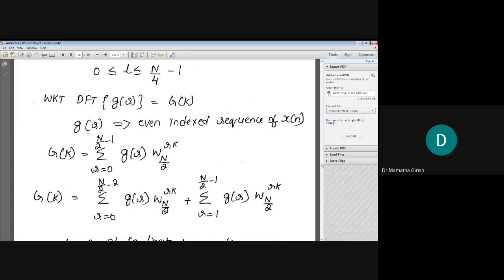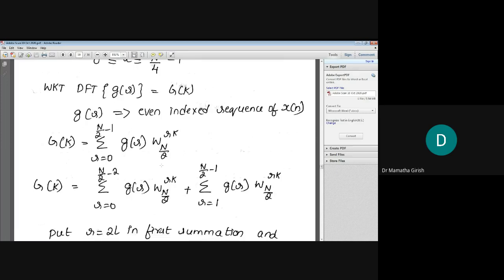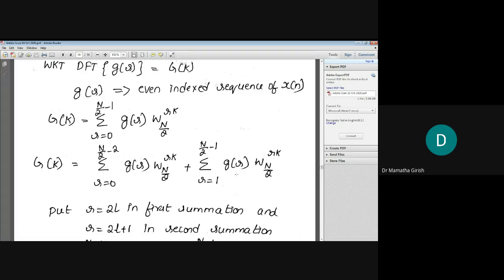The summation index r varying from 0 to n by 2 minus 1, of the sequence g of r multiplied by its twiddle factor, and note this is an n by 2 point DFT, hence here it is n by 2. Again, this is split up into two terms. One for even indexing, the first one. The second one is for the odd indexing, like how we did in the first step here. Split up into even index and odd index.